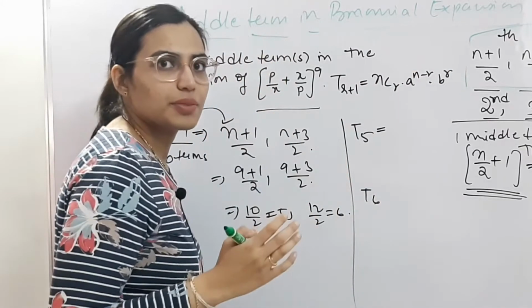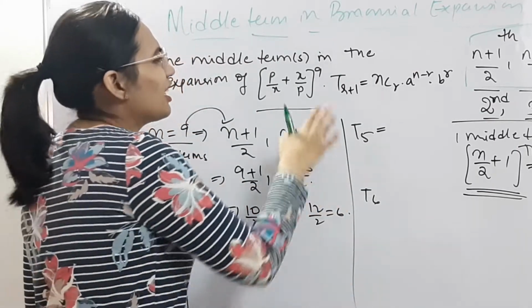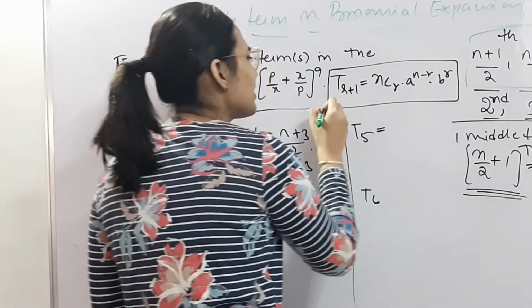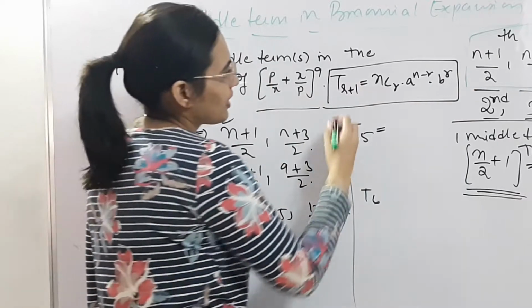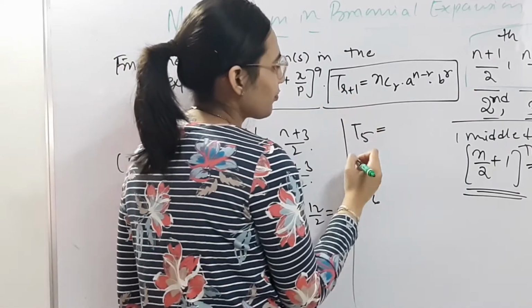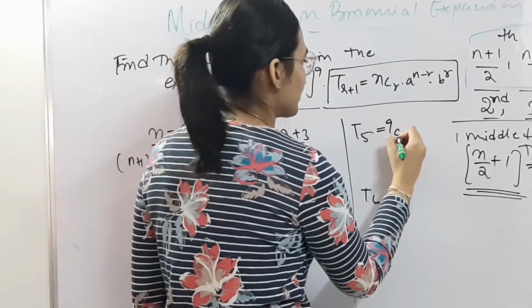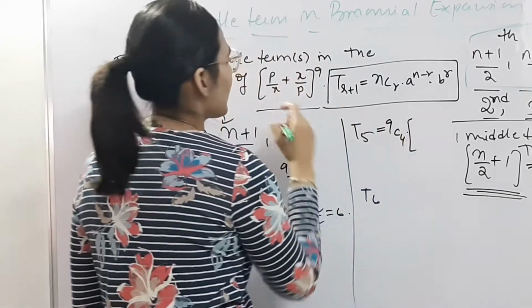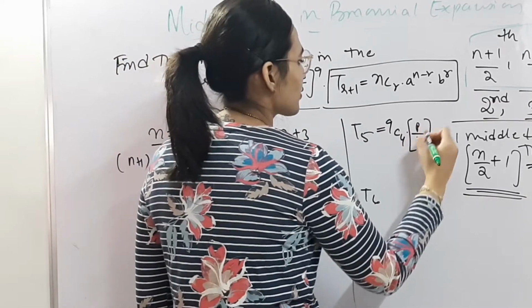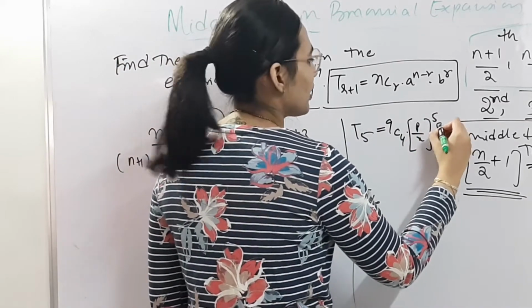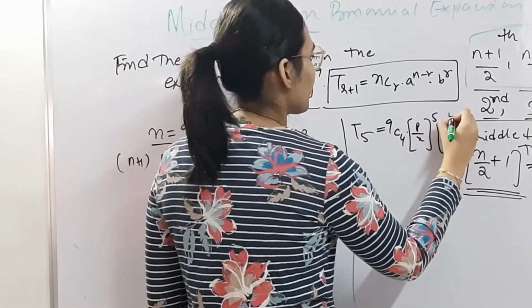You don't have to remember the term formula per se. You can just remember this, get the middle term and substitute the values there. So here r plus 1 is 5, right? So r is 4. Yes. So how much? 9C4 into, what is a? (p/x) whole power of 5 into (x/p) whole power of 4.